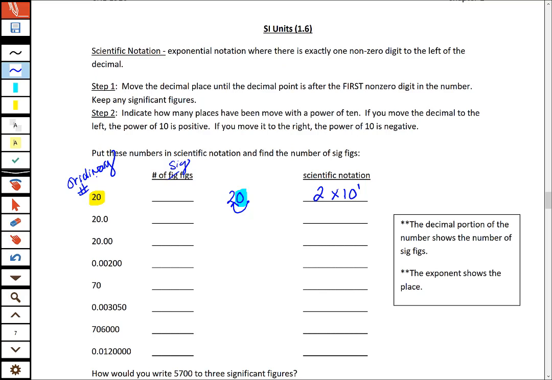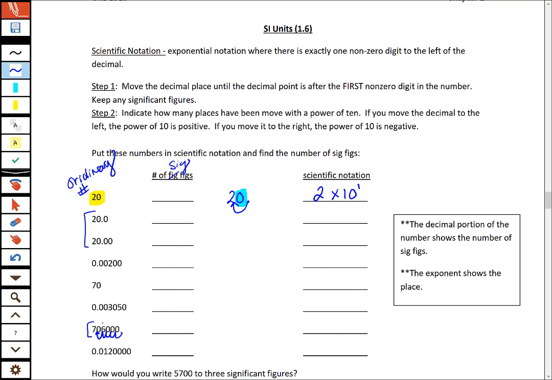So let's do maybe another one that's greater than 1, and then let's do one that's less than 1. I'm going to come back to these two in a moment. Let's come all the way down to here and write this one in scientific notation. We're going to take our imaginary decimal place, put it right there. We're going to go over 1, 2, 3, 4, 5.